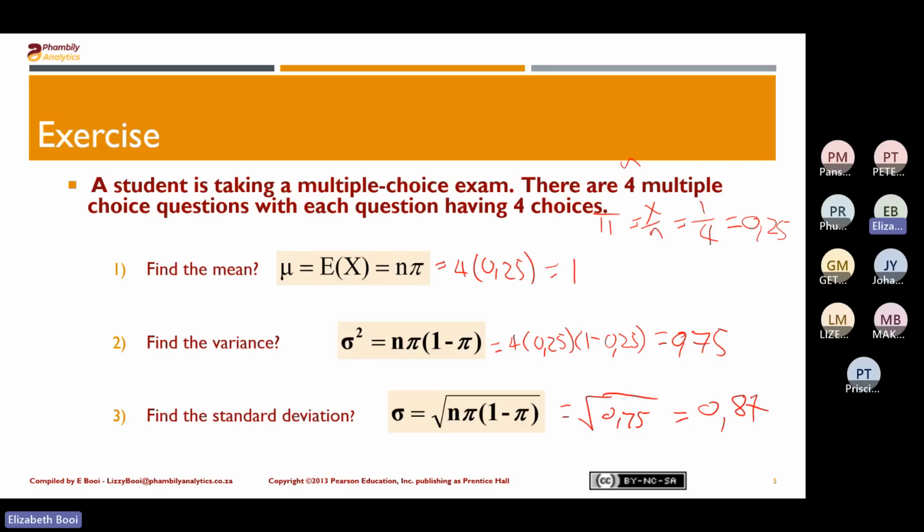And that's how you will find the mean, the variance, and the standard deviation of a binomial distribution.